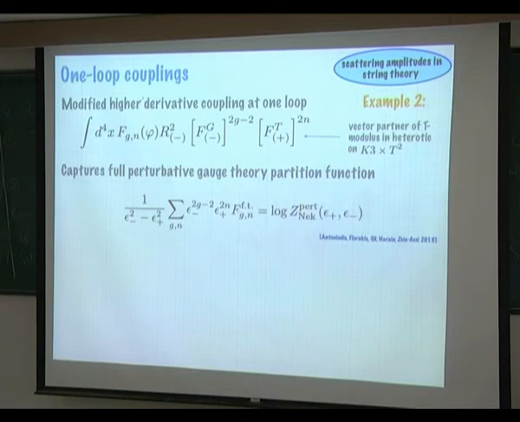The claim is if you calculate these amplitudes, which starts appearing at one loop in heterotic string theory, which is quite a tricky calculation, and take the field theory limit, you indeed explicitly reproduce the full Nekrasov partition function. So here you have another example of a string theory amplitude which tells you something about a gauge theory partition function.